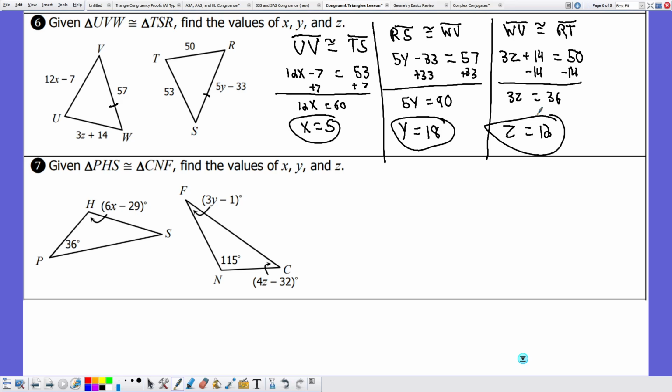Triangle PHS is congruent to triangle CNF. So let's find the values of x, y, and z. Notice we're working with angles this time.